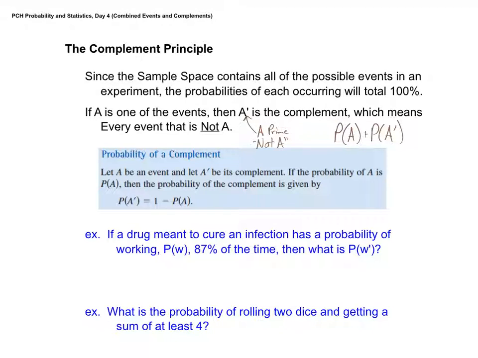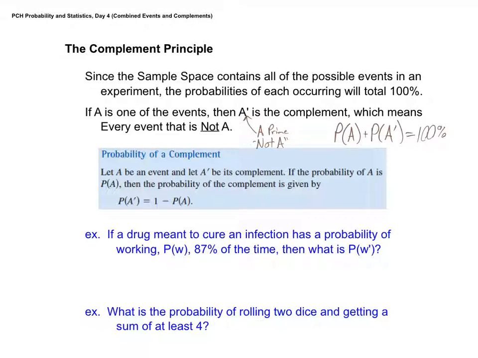Total, the whole sample space, right? Which is? No, we're looking for a number here. 100%. There we go. We have 100% chance of A happening or A not happening.